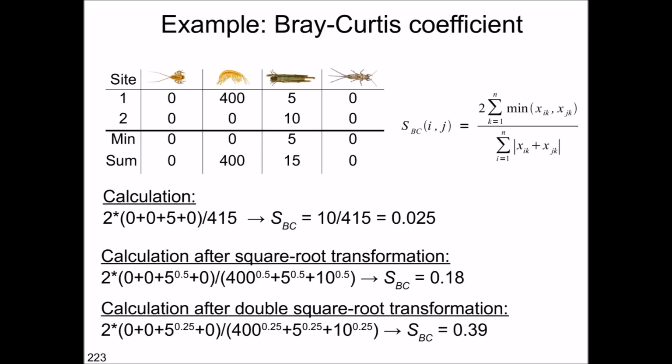So you could actually argue that if you have half of the species in common in both sites, and in similar abundances, 5 or 10 in ecological terms is very similar, then you should have a similarity that is also close to 0.5, 0.4 something, and not 0.025.